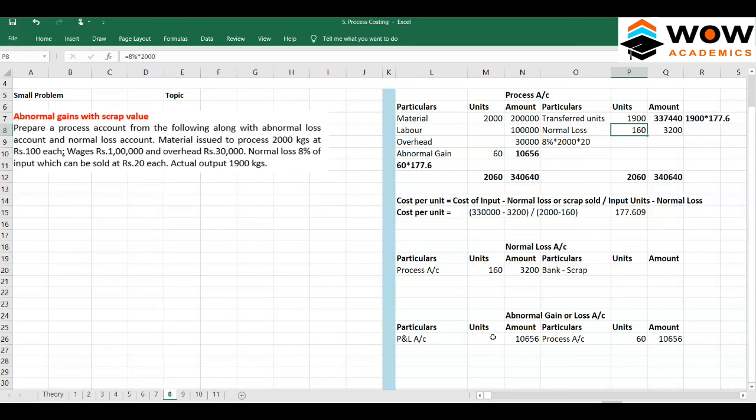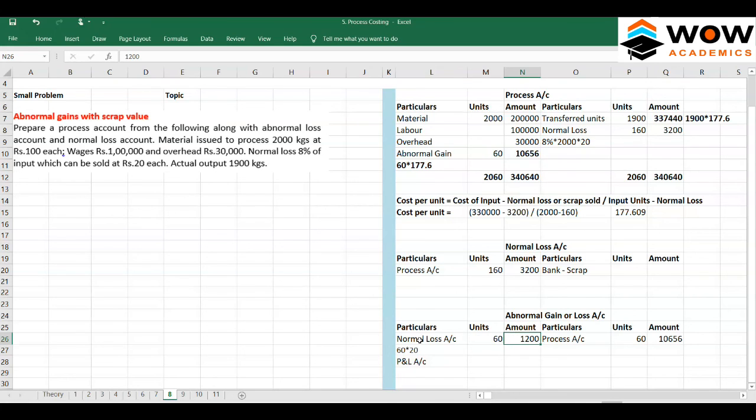So what you have to do now is transfer first to the normal loss, where 160 should have damaged and you could have sold, but unfortunately because they are not damaged, 60 units could be sold at 20 rupees. So you could have made 1200, but unfortunately you could not make it.